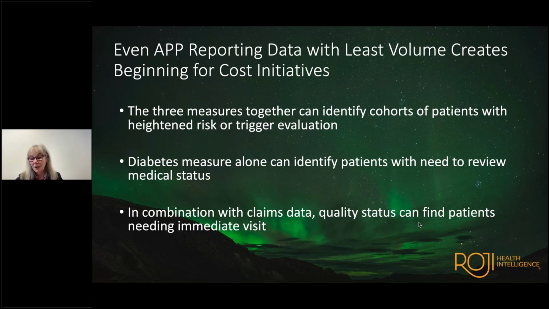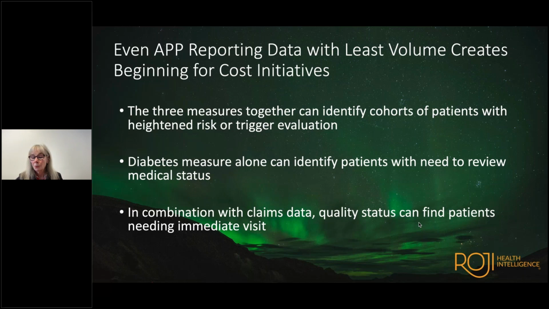You can also identify, because diabetes and hypertension often go together, patients who should be screened for hypertension or should be screened for diabetes when they have one of the conditions. In combination with claims data, you can integrate that data and find patients needing immediate visit. Maybe they're not showing up on a QRDA because they weren't eligible and the EHR doesn't report patients that are not eligible. Well, if you've got a diagnosis through the claims or you've got hospital events through the claims, then that's a mechanism for you to find those patients.